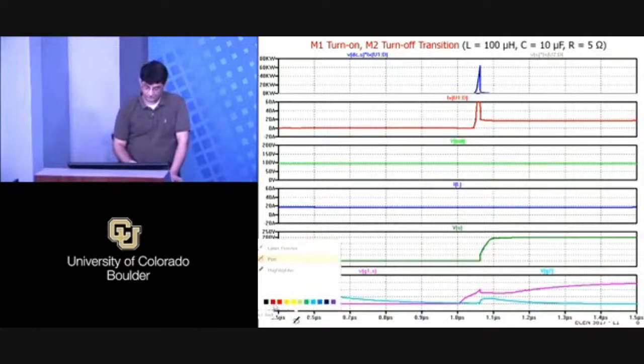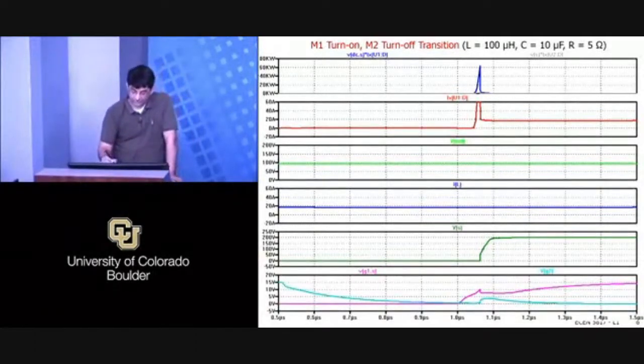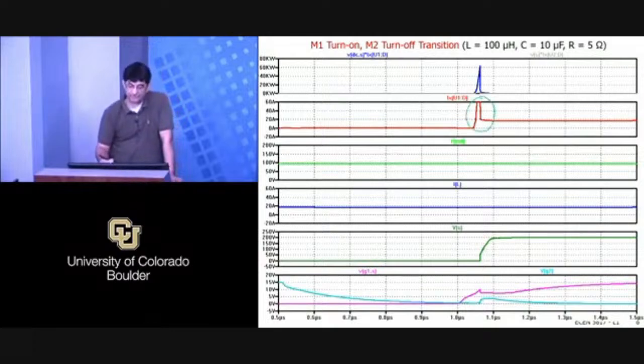One was a large current going through M1 when M1 was turning on, so this is through M1, and then we also saw a large amount of energy going into M1. So this is all related to M1.